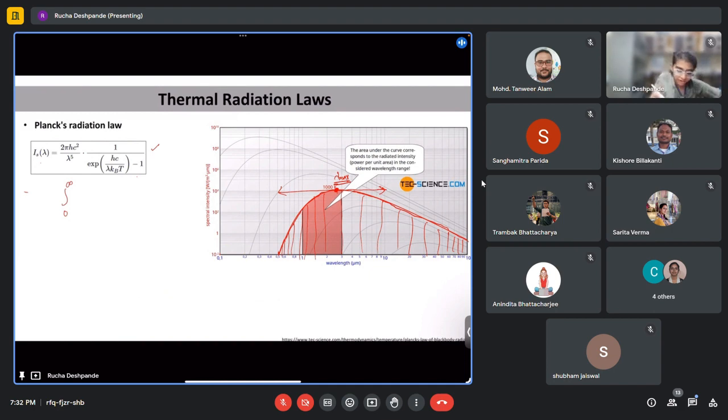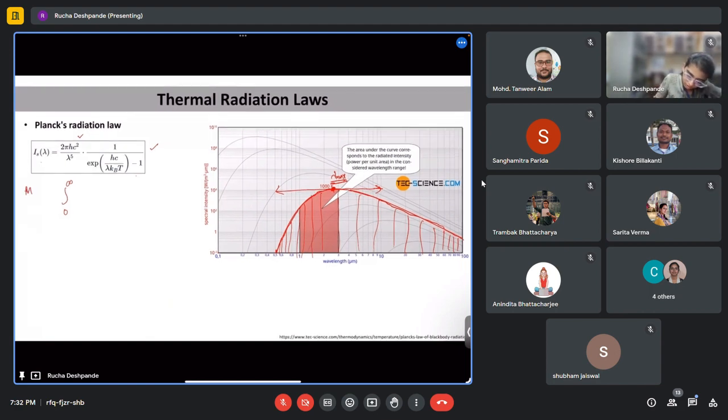So this is our equation of Planck's radiation law, and to find M b, it will be the integration from 0 to infinity of 2 pi h c square, and we will integrate it with respect to d lambda.